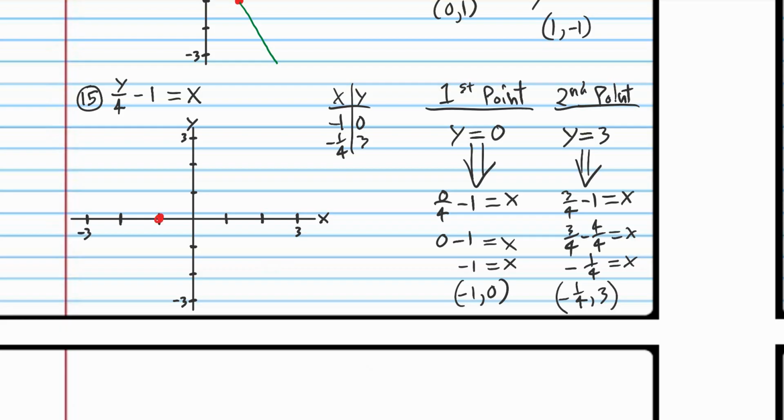-1, 0 is here, and -1/4 is about that far out. -1/4, 3 would be up here, right on top of the 3, so I'm going to have to write the 3 on this side.